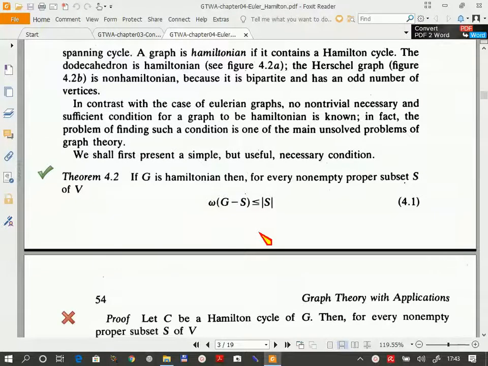On the contrary, if you find that for a particular subset S, when you take it away, the number of components you get is greater than the number of elements you are taking away, then it surely is not Hamiltonian. So implications which are just one way are useful for checking that something does not occur. Okay?